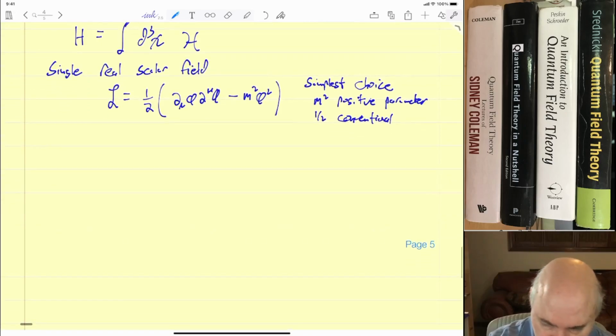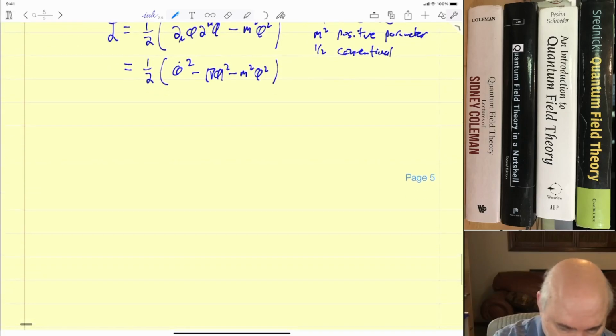Okay. Now if you were to write this out in non-covariant notation, sometimes that's easier to see what's going on. It's 1/2 phi dot squared minus the gradient of phi squared minus m squared phi squared.